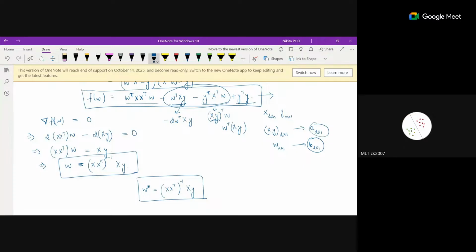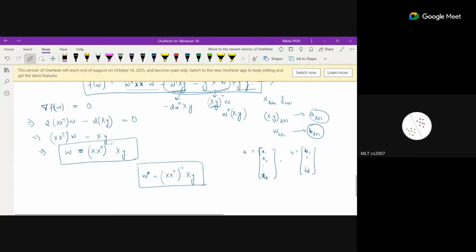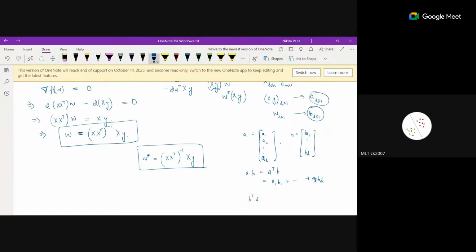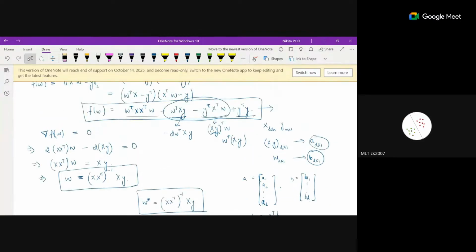A is A1, A2, and so on till AD. B is B1, B2, and so on till BD. If you do A dot B, which is A transpose B, it is A1 B1 plus and so on till AD BD. What is B transpose A? The same, B dot A. So XY transpose W, we can just write as W transpose XY.